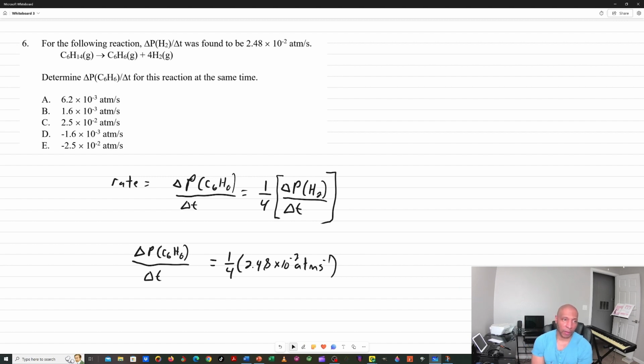Now, all they asked us to do is find the change in the partial pressure of benzene with respect to the change in time. So all I got to do is take this number and divide it by 4. So let's go ahead and do that. 0.0248 divided into 4 equal parts, I end up with 6.20 times 10 to the negative 3 atmospheres per second.